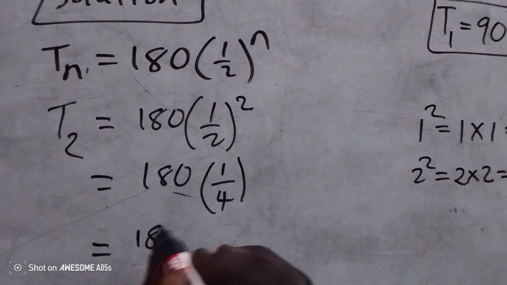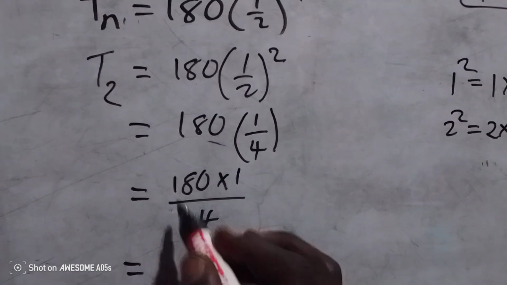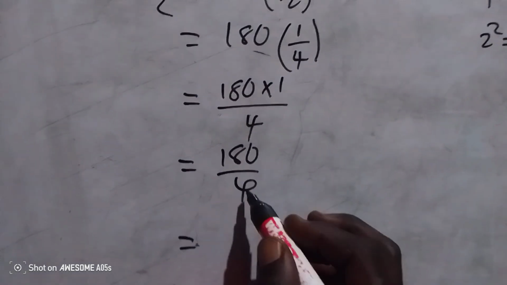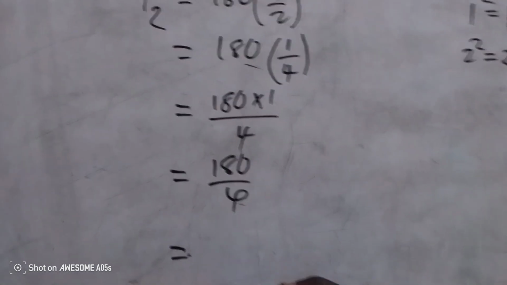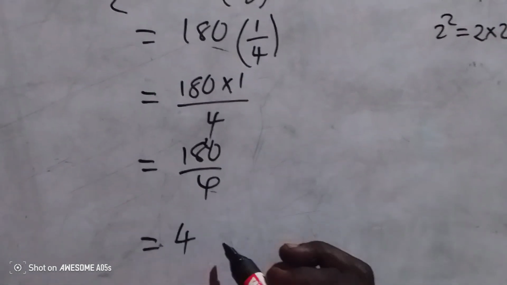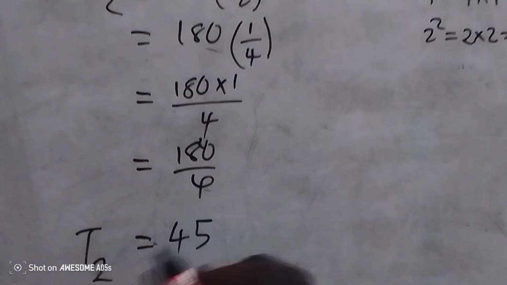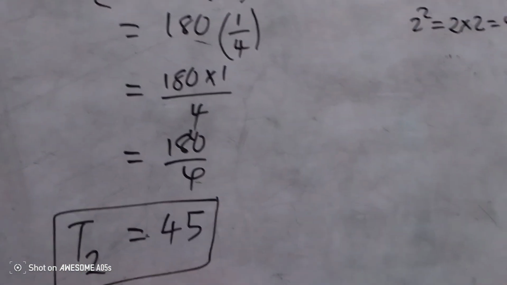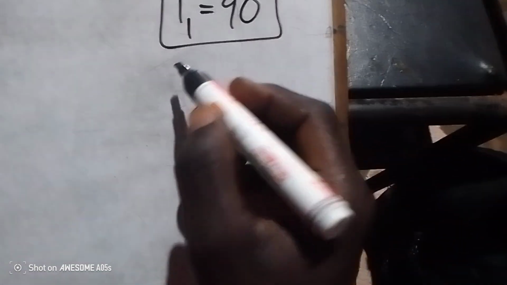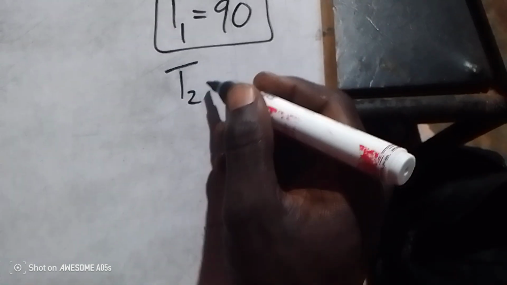Then this is 180 times 1 over 4, which is just 180 over 4. 4 can go into 16 4 times, remainder 2. Then this is a 20, so 4 into 20 is 5. Hence we yield our T2 as 45.